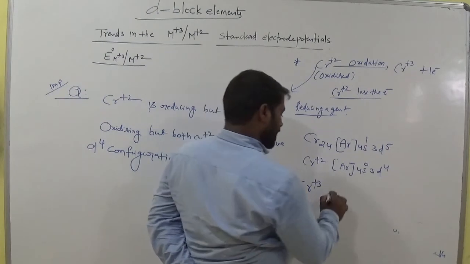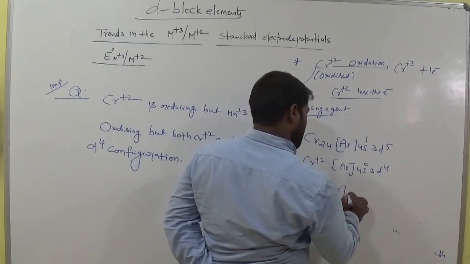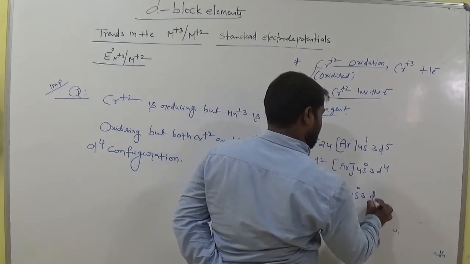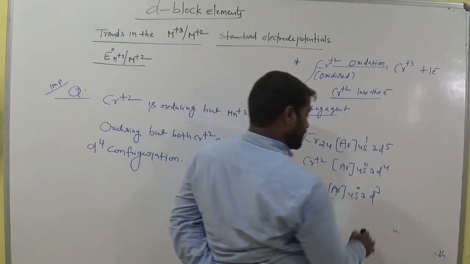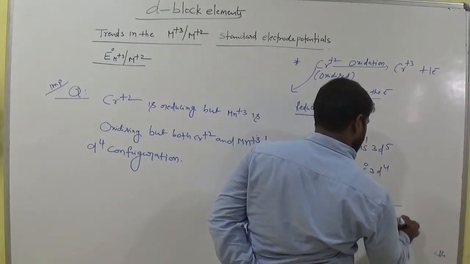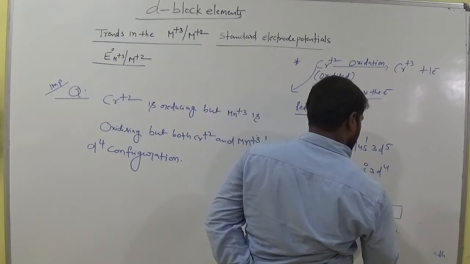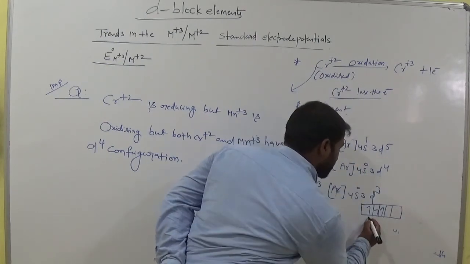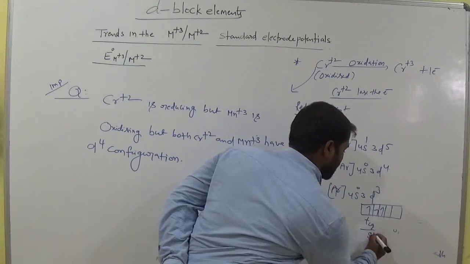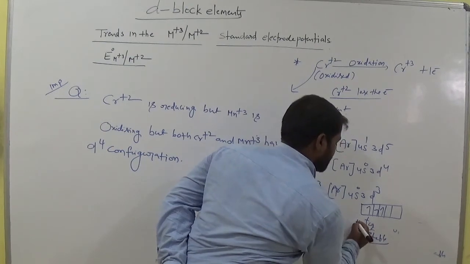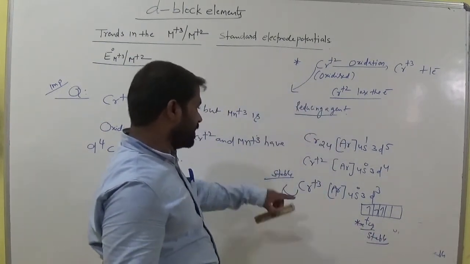Why is it stable? Argon 4s0 3d3. 3d3 means 1, 2, 3, these are called t2g orbitals. Is it stable or not? Stable. T2g orbital is stable.